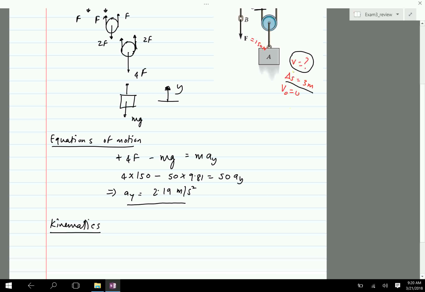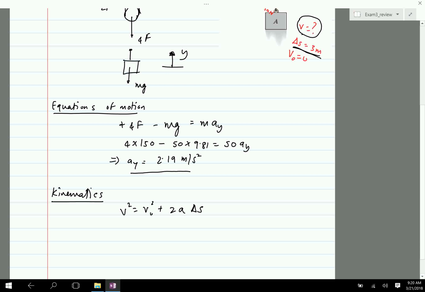We are told to find velocity, and we are given displacement, so we need the relation which relates velocity with displacement. Out of those three equations, it is the third one, V squared is V0 squared plus 2A delta S.